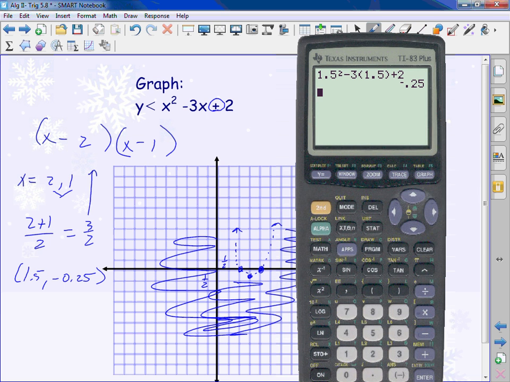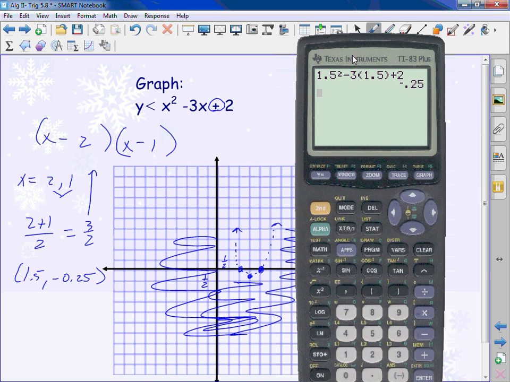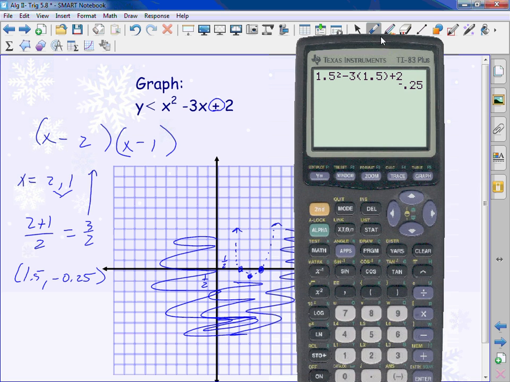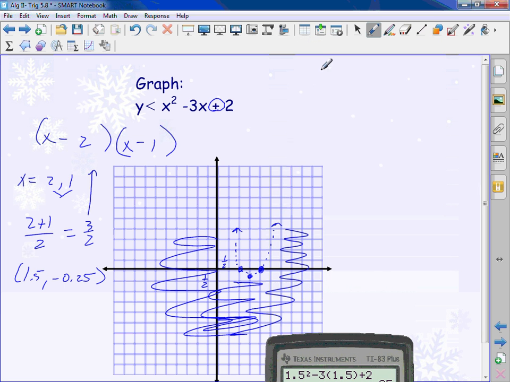Now some of you used the quadratic formula and went negative b plus or minus square root b squared minus 4ac all over 2a.